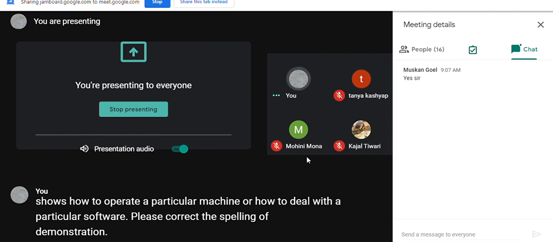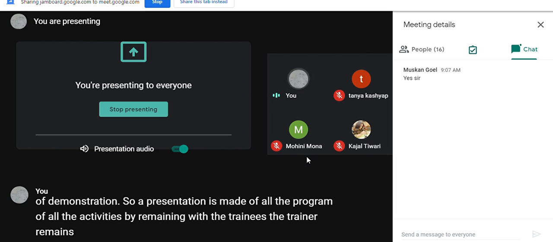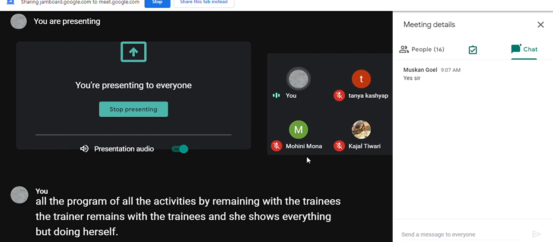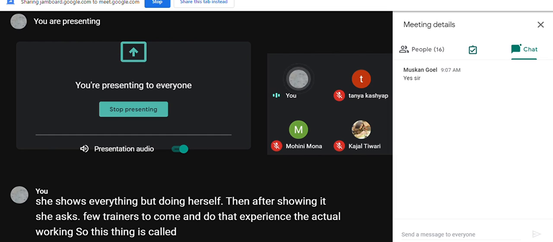So a presentation is made of the whole program, of all the activities, by remaining with the trainees. The trainer remains with the trainees and shows everything by doing it herself. Then after showing it, she asks a few trainees to come and experience the actual working.